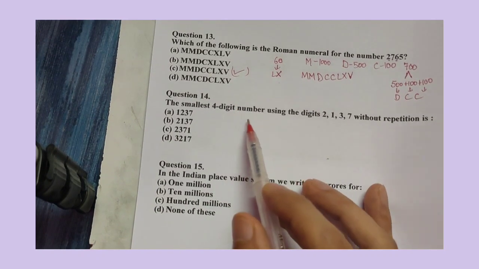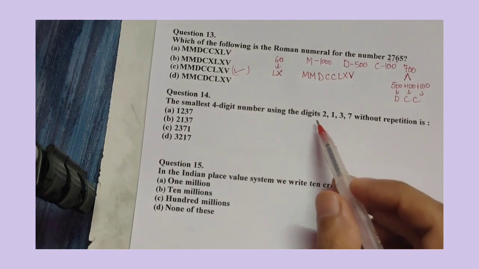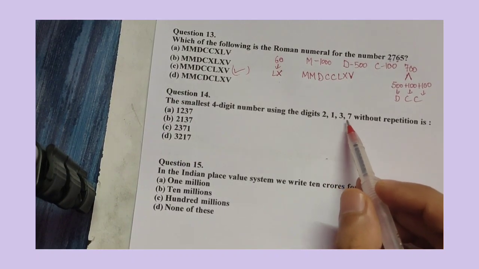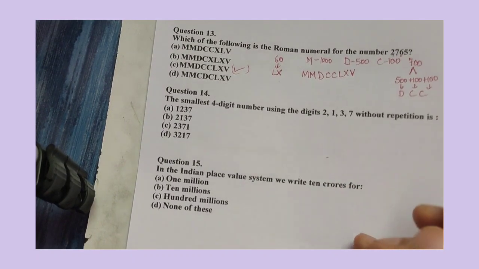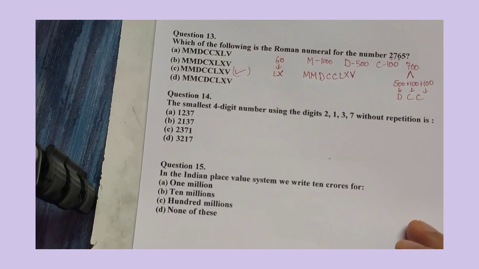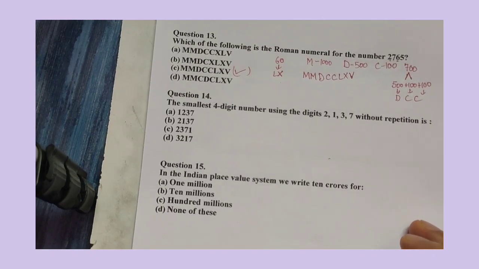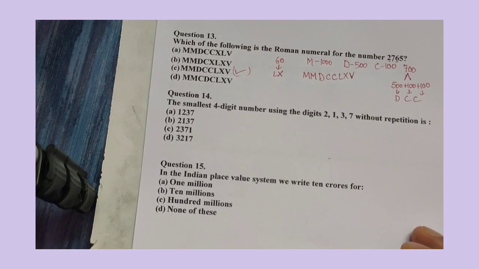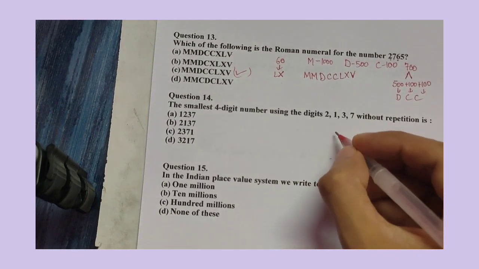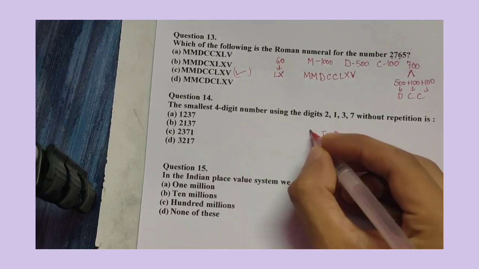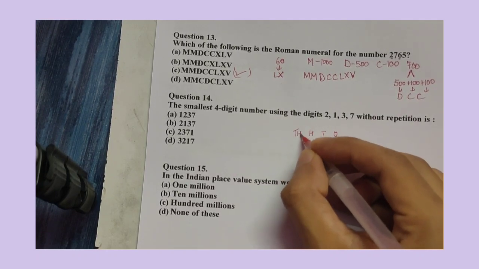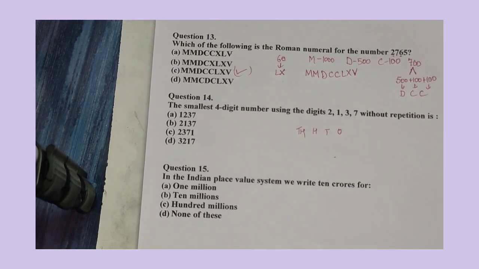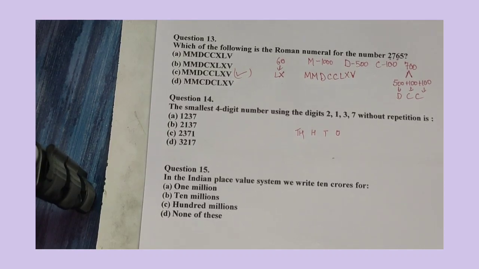Moving further with the 14th question. The smallest 4-digit number using the digits 2, 1, 3, 7 without repetition is. Now here they have asked that no repetition should be there, and we have 4 different digits, as well as we have to make the smallest one. Now we move according to the place values. If we want the smallest number, we have to put the biggest of these 4 at the ones place.